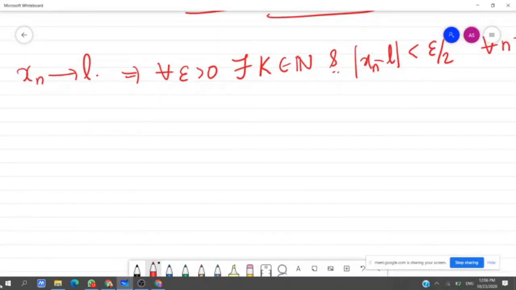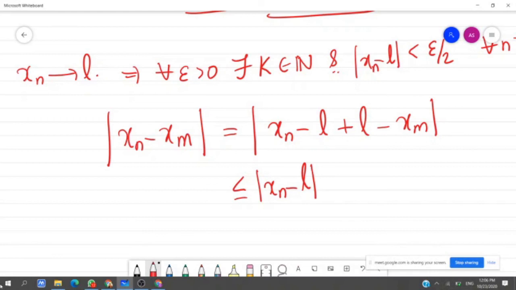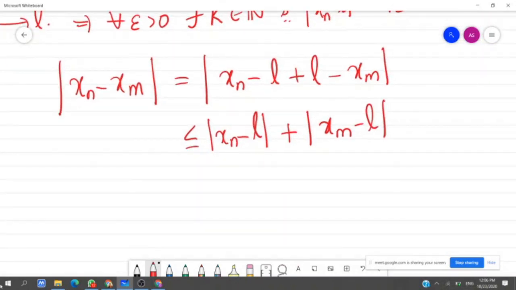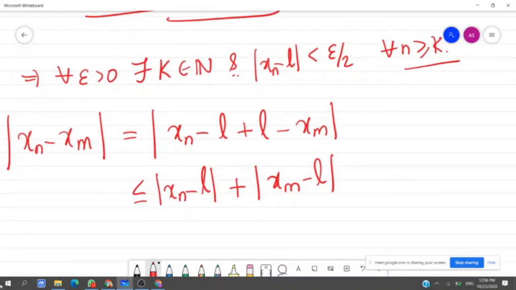So consider modulus of xn minus xm, and we can write this as xn minus L plus L minus xm. By triangle inequality, this is less than or equal to modulus of xn minus L plus modulus of L minus xm, which is the same as modulus of xm minus L. For all n greater than or equal to k, the first is less than epsilon by 2.